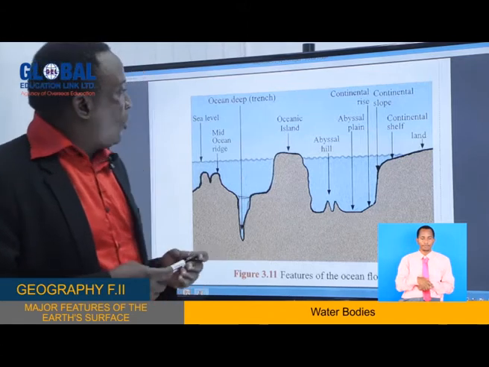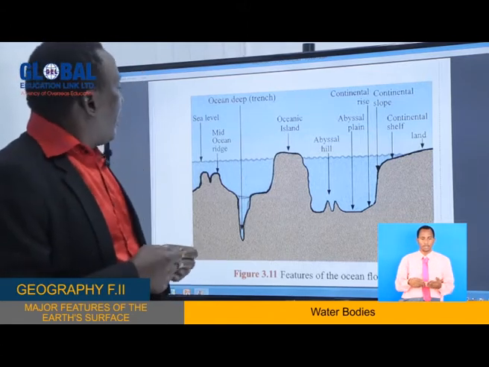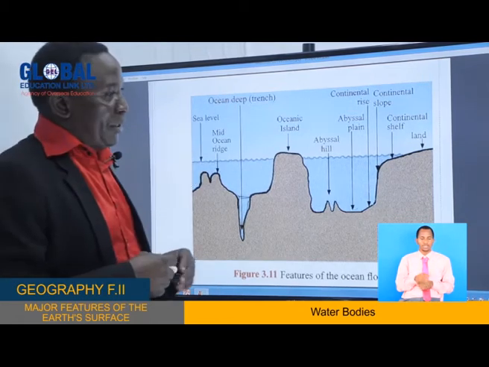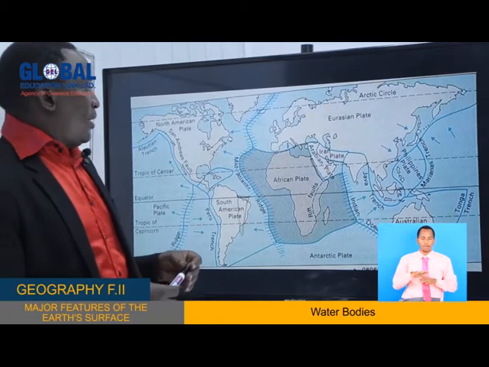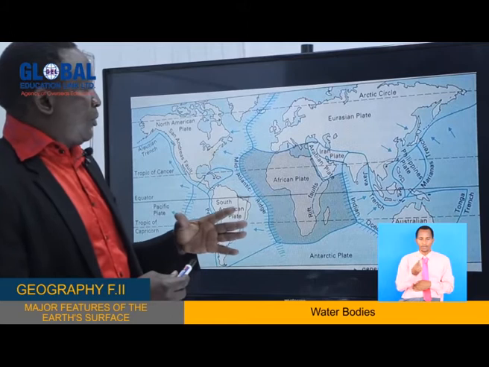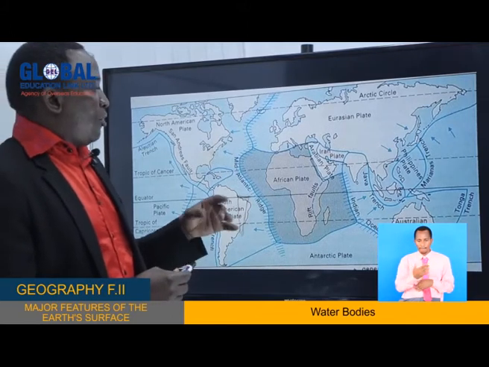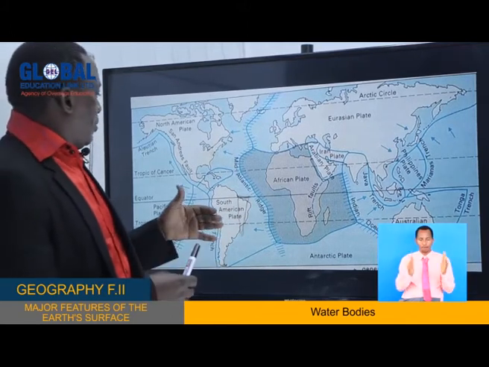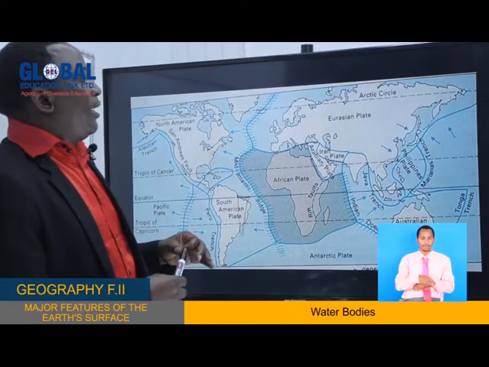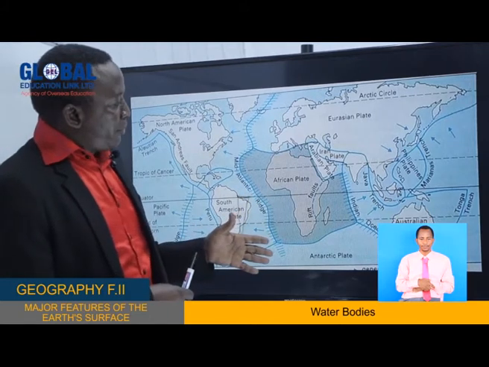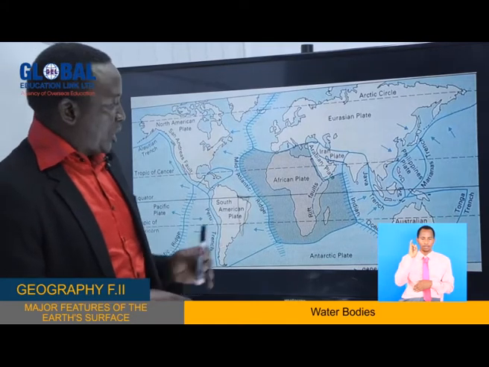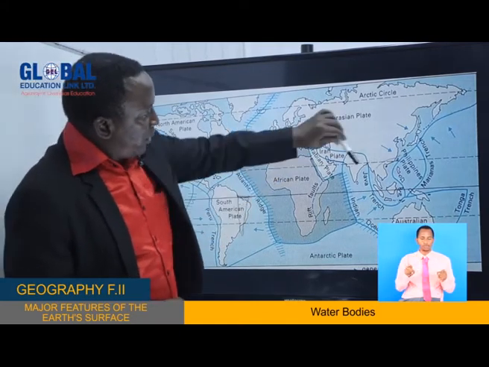Dear students, now let us see the distribution of the Mid-Oceanic Ridge and Oceanic Trenches. As I said, the ocean floor has features, and we learned that there are oceanic ridges and oceanic trenches. Now let us see the ridges in the world map here and where they are situated.